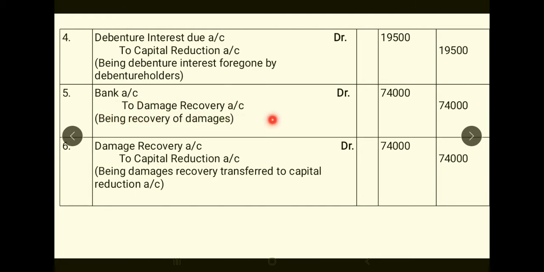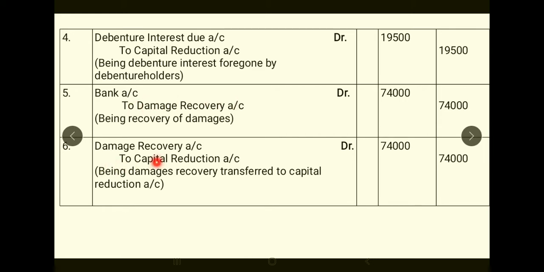So to damage recovery you are crediting it, 74,000, and this amount will be transferred to capital reduction account. Damage recovery account debit to capital reduction account 74,000. Whatever damage recovery account is created here, you are closing that account by transferring the balance to capital reduction account, because they have told that this amount should be utilized to write off capital losses. So damage recovery is transferred to capital reduction account.